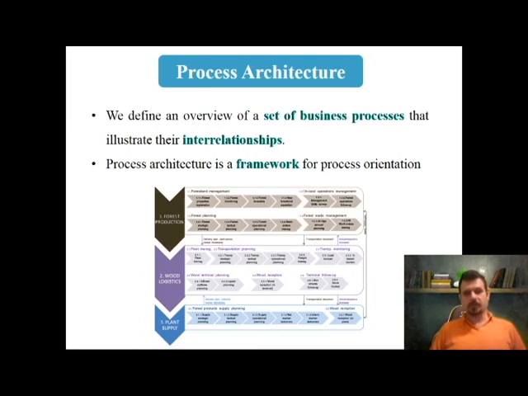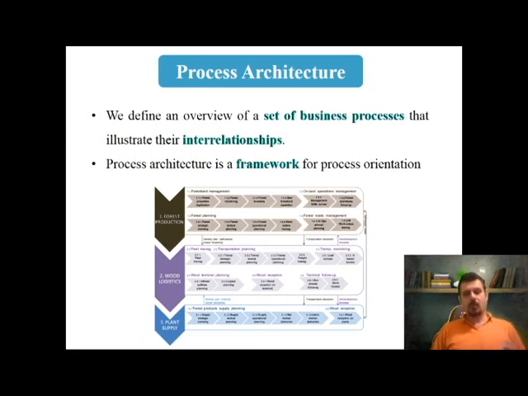Process architecture illustrates the configuration of the organization's processes. You should know process architecture is a framework for process orientation. It's very important that we have a big picture of our processes, and also their hierarchy, so we can plan to establish business process management. If not, we can't plan for it.